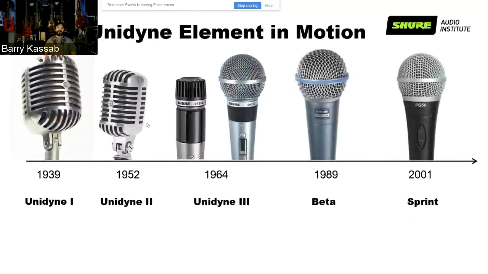Of course, later on, more versions came out. Then we had the Beta series and the PG series, and now we have the PGA Alta series, and they are all founded on the same working principles of the early 1939 days of the microphones, which was initiated by Shure.